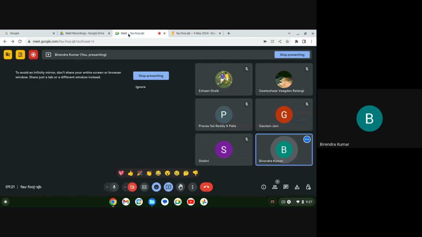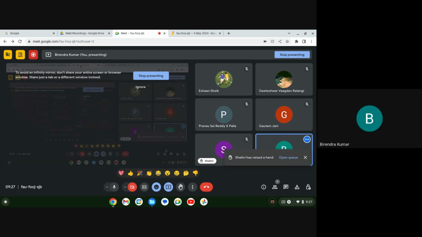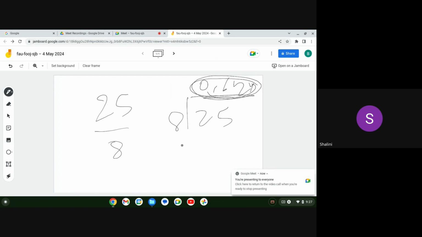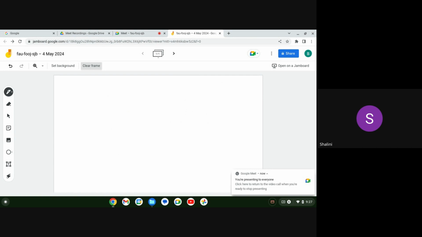Now let's see who is raising hand. Yes, Salni. Sir, in the fraction, it feels like the numerator must be the one that's divided. Yes, numerator.